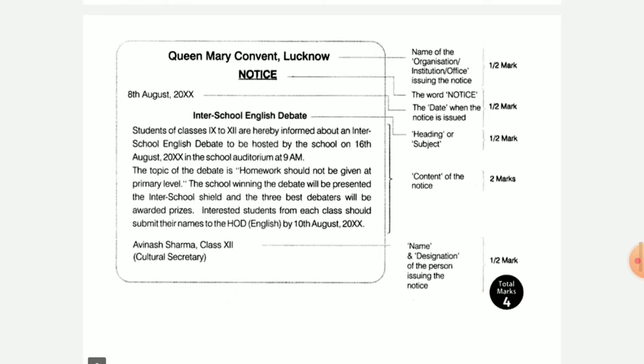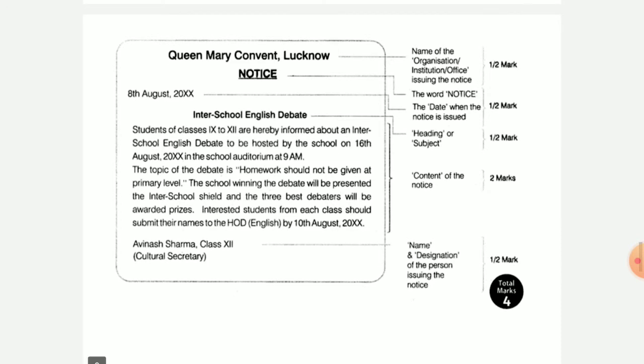The school winning the debate will be presented the inter-school shield, and the 3 best debaters will be awarded prizes. Not only that, the 3 best debaters, they will be given prizes. Interested students from each class should submit their names to the HOD English by 10th August, and then you can specify a year, or you can write it in this way.